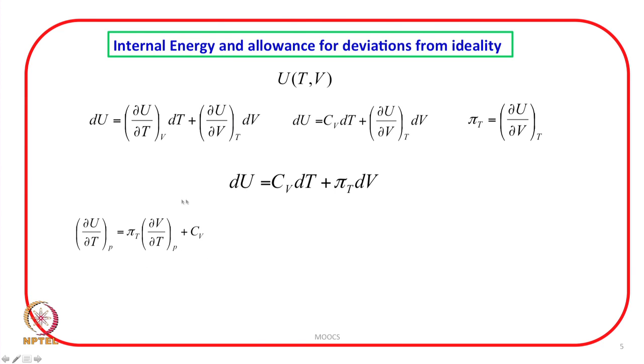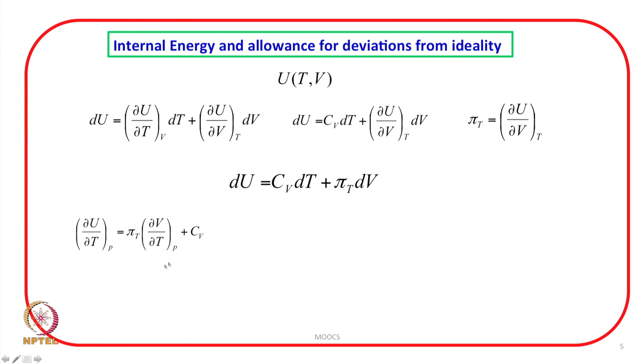So, please note here that this expression gives the variation of internal energy with temperature at constant pressure. Cv is the variation of internal energy at constant volume, and here we have an expression for variation of internal energy with temperature at constant pressure.